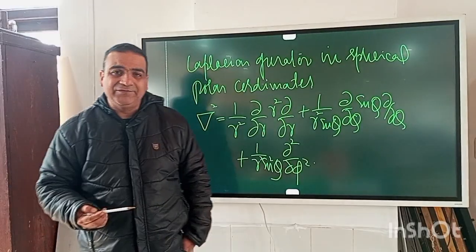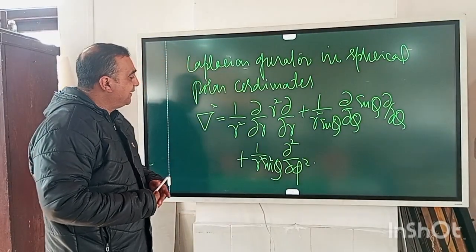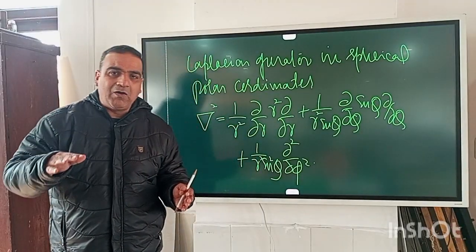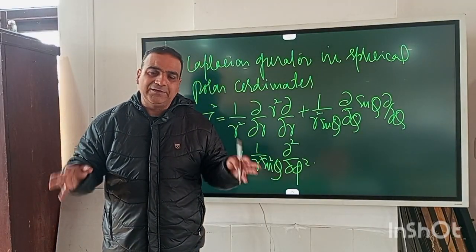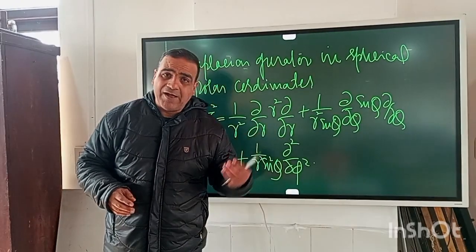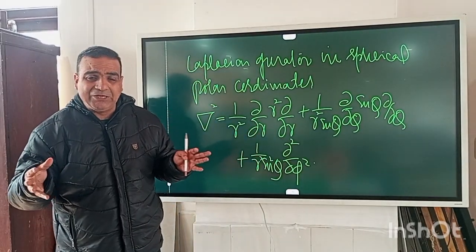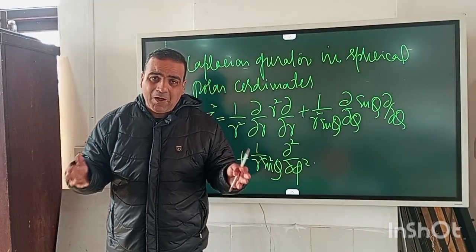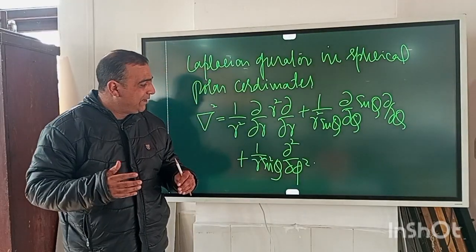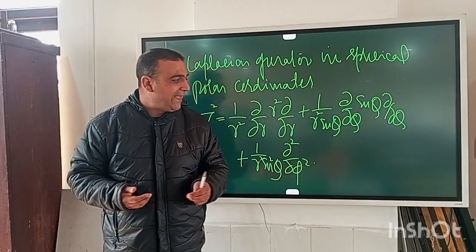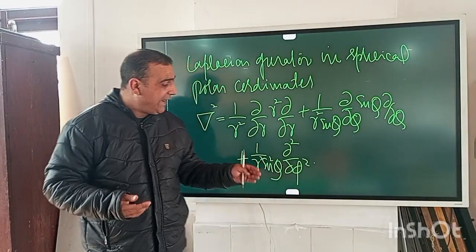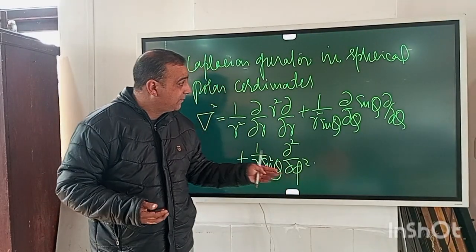r, theta, and phi. And as we understand, r is our radial part of the spheroid that we are assuming, and theta and phi take into account the angular part. And even though we have two angular parts, one is theta and another angle is phi, and phi is called the azimuthal angle.